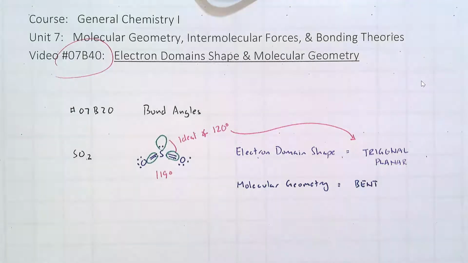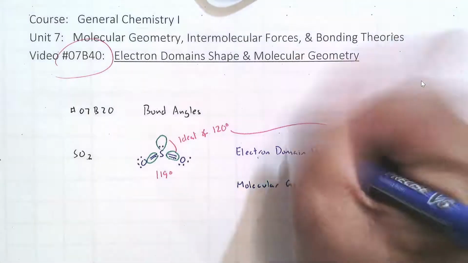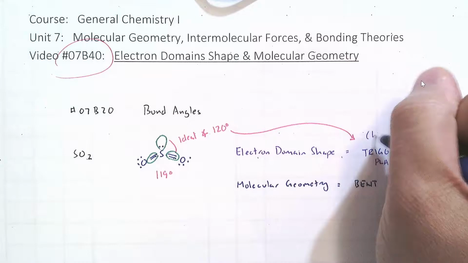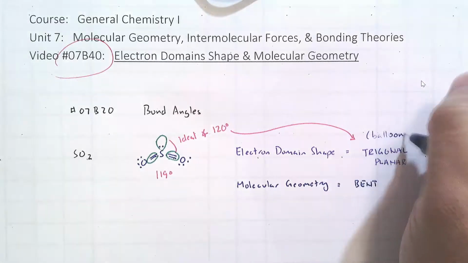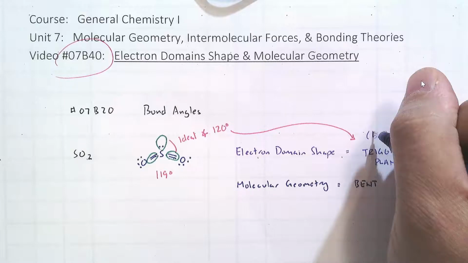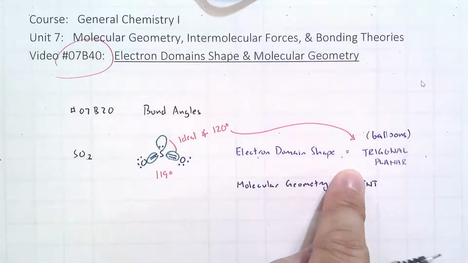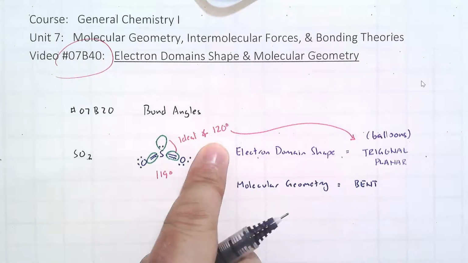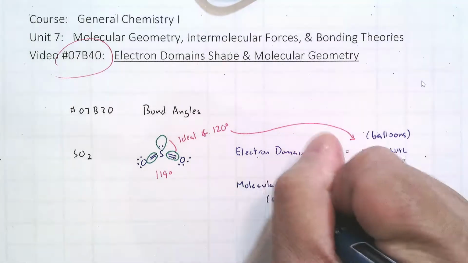So think about what's needed for these pieces of information. The electron domain shape, and we're going to think of these as balloons. Okay, that gives you the electron domain shape, but it also gives you the angle. The molecular geometry, you're going to look at the atoms.